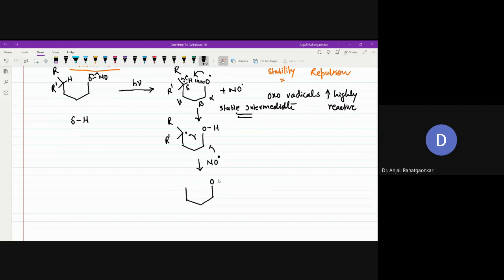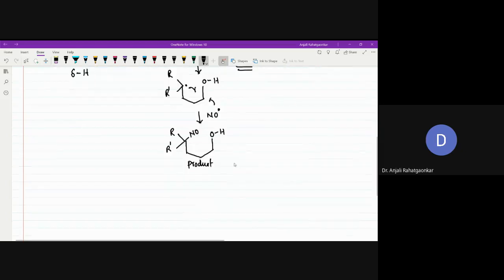Looks very simple, but whenever there is chemistry, as I told you, it is not as easy as it looks. All right. Now something we need to rearrange over here. So this is a product, but beyond this, more chemistry is involved over here.